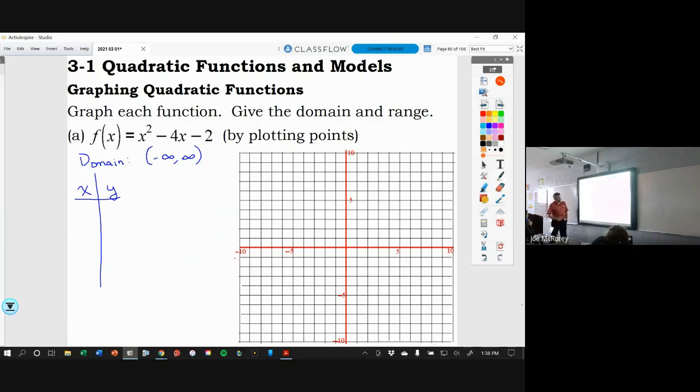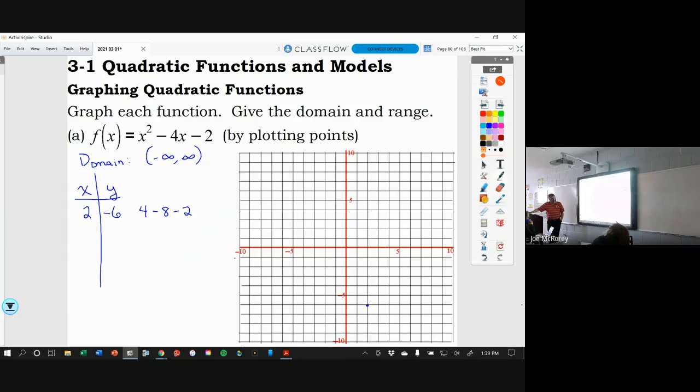2. Okay, so plugging in a 2, I get 2 squared, which is 4, minus 4 times 2 is 8, minus 2. 4 minus 8 minus 2 is negative 6. The point (2, -6) is on my parabola. What else?